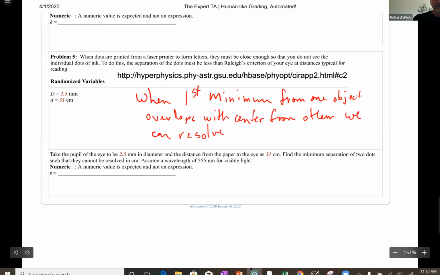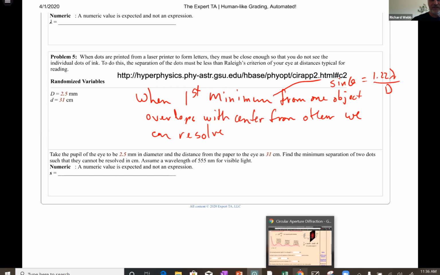So basically that's saying that the first minimum occurs at sine theta equals 1.22 lambda over the diameter of your aperture.